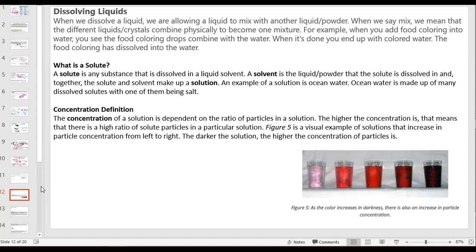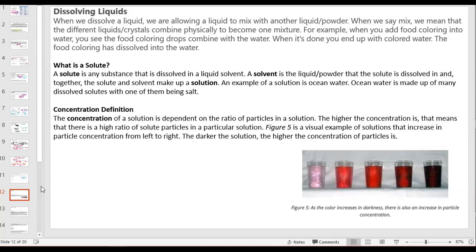In here at the bottom, I gave you a little example of water that they put some coloring into. Notice that it goes from one side, the less concentrated water, to the more concentrated. You see the more coloring they put in there, the darker it gets. That's pretty much the same idea with the drugs, but we're working backwards, because we are adding a solvent into our mixes.